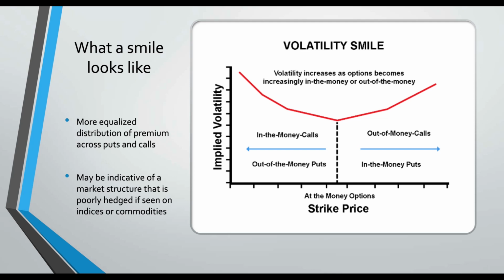We don't know all the positions that might be on as a part of these options trades, but looking at how institutions manage value at risk, typically put skew on the S&P 500 is going to indicate a more properly hedged market than a low level of put skew would. A healthy level of put skew is going to show you that in all likelihood, downside risk is somewhat mitigated unless volatility gets really out of control.